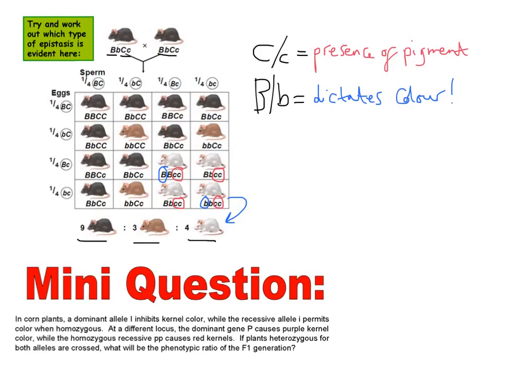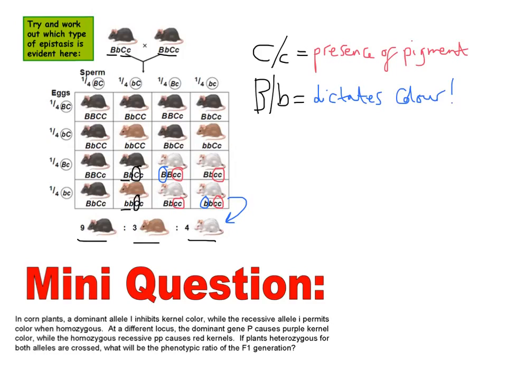It's only when we've got a capital C do we get any form of colour. So what that is implying is that the presence of the two little c's, homozygous recessive nature of the C allele, is actually causing a recessive epistasis. We're hindering the expression of colour there.